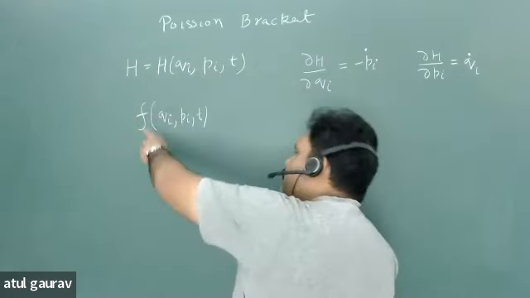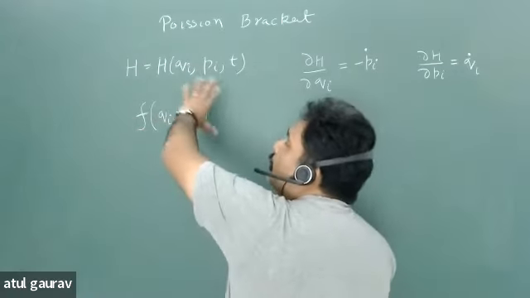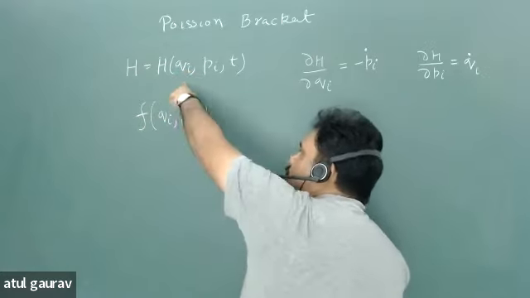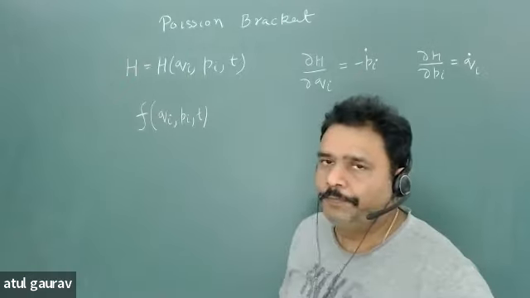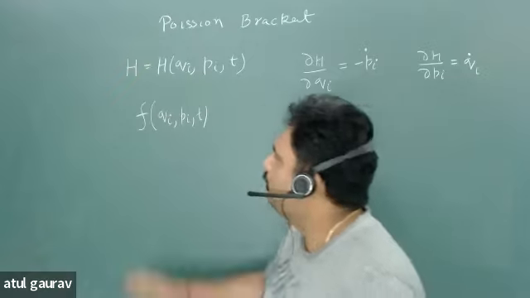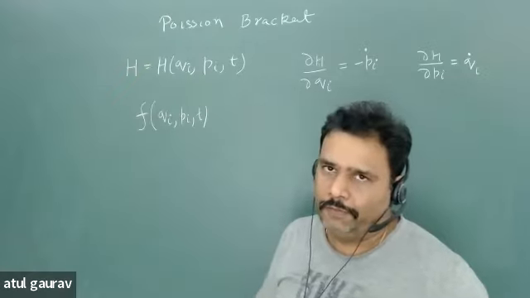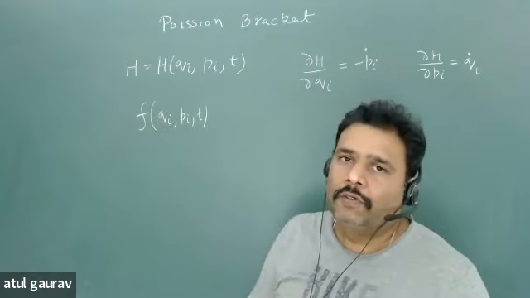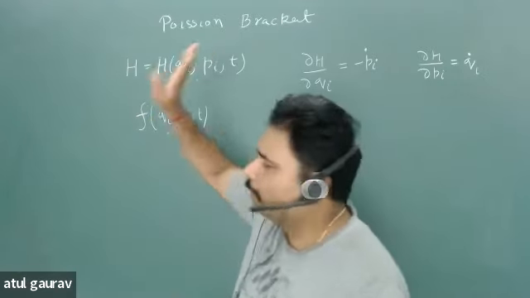This is the same generalized coordinate and generalized momentum, because we want to analyze this particular function f for a system whose Hamiltonian is H. So actually what we want is to see the time evolution of f if I know the Hamiltonian of the system.